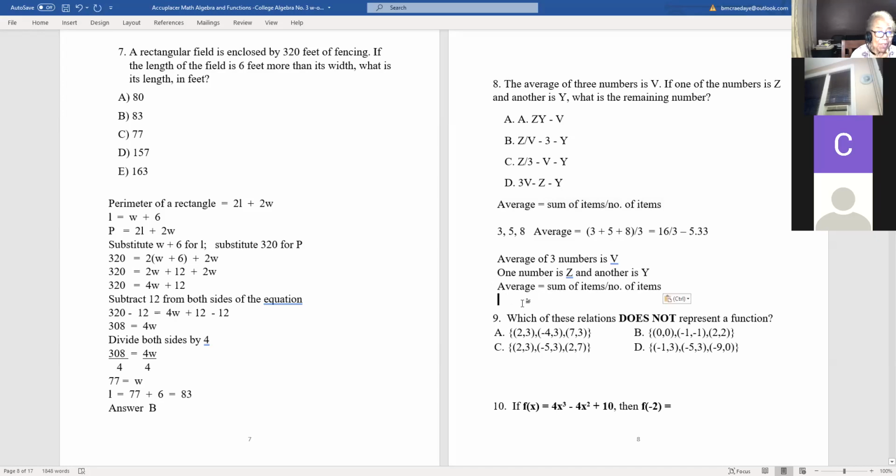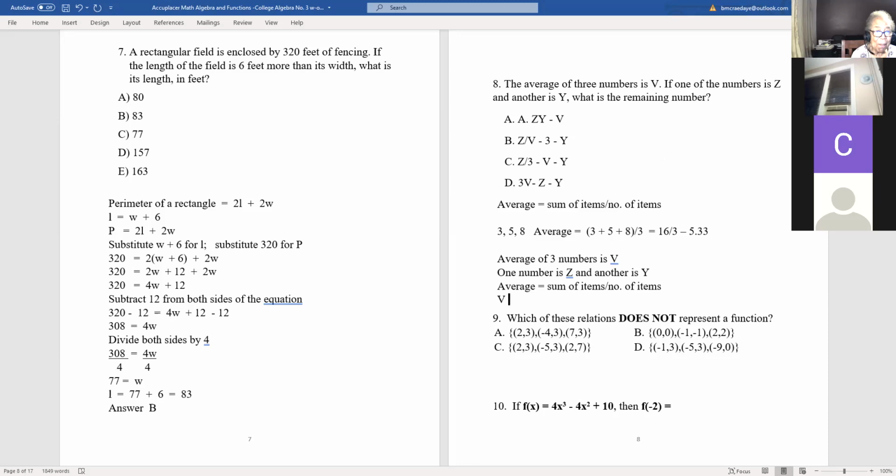So what is the average of the three numbers given in this problem? Chastity, what did they tell you the average of three numbers is? Just read what's here. The average of the three numbers is V. So then you put V.